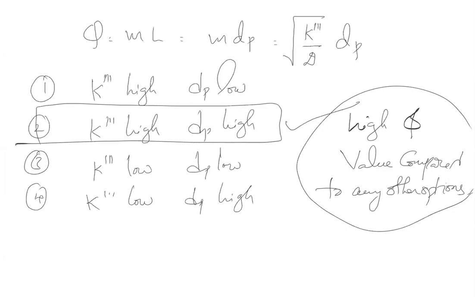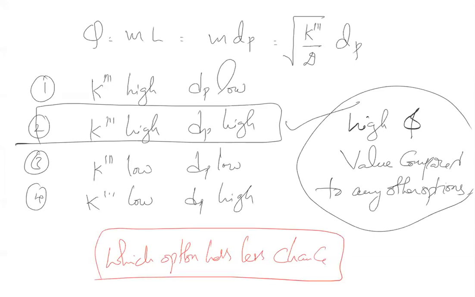Which option has the less chances? Suppose if you ask the question, which option has less chance? The answer is 3.